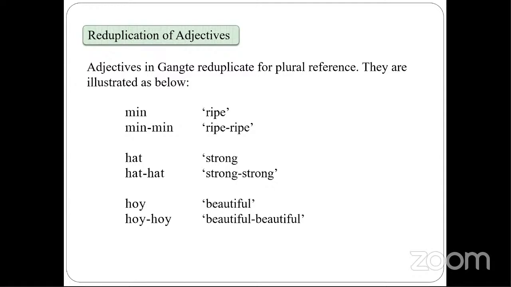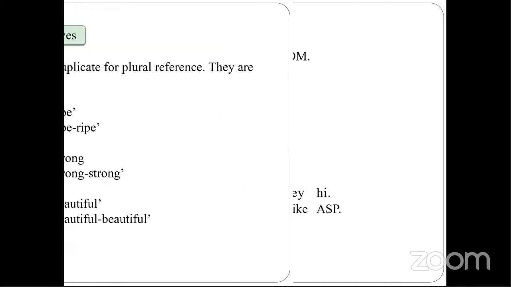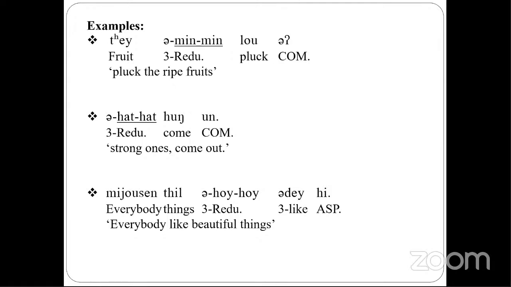Hot is strong, and hot means strong, many strong. I can give the meaning of plurality. And hoi in examples we have thay, I mean lowa, pluck the ripe fruits.